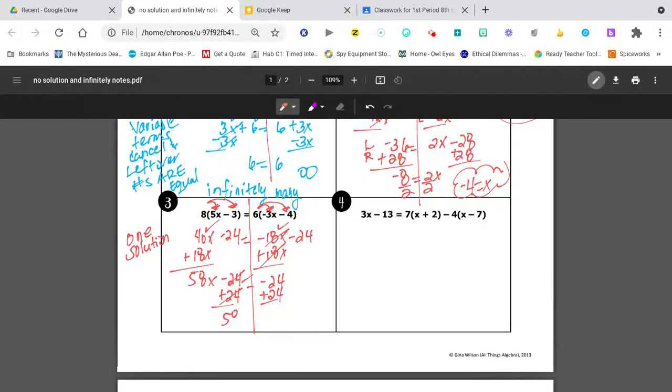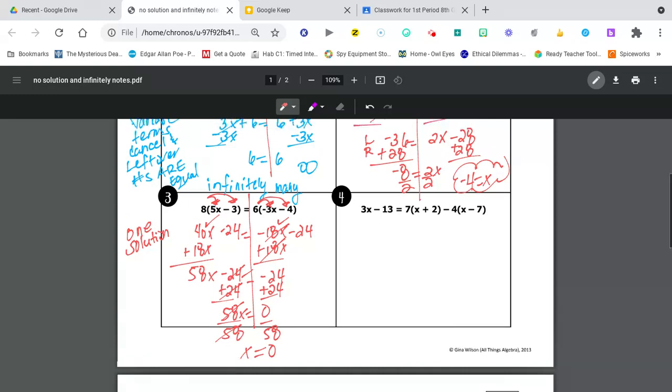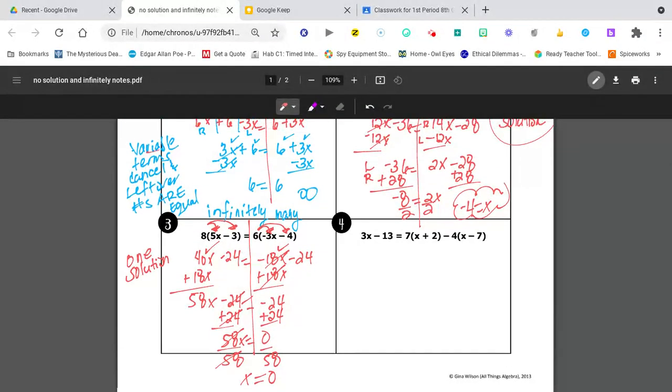So we end up with 58x equals 0. Now, when you divide 0 by anything, you just get 0. So x is equal to 0. Just because x is equal to 0 doesn't mean you put no solution. The answer to this is the number 0. Okay? It could only be no solution or infinitely many if the variable terms cancel on both sides. Okay?